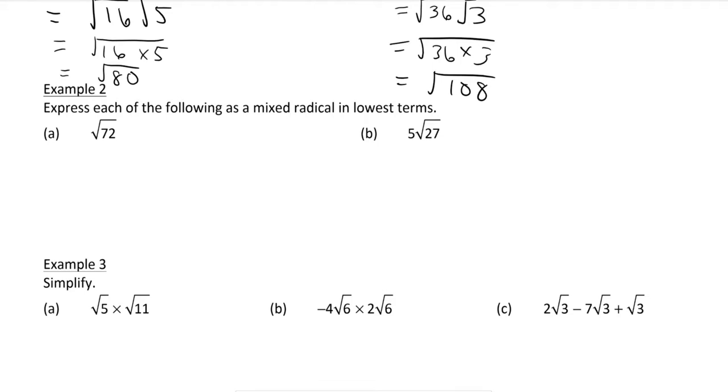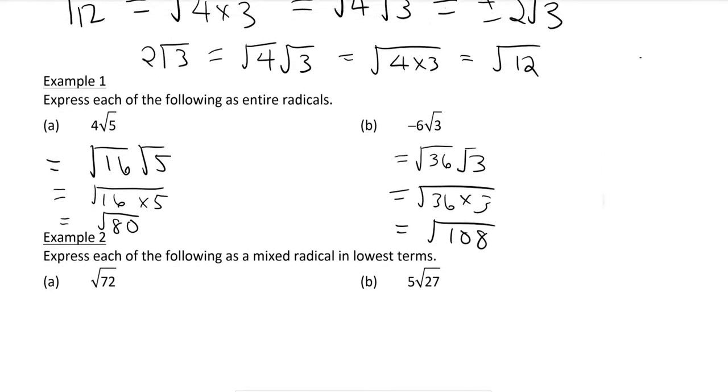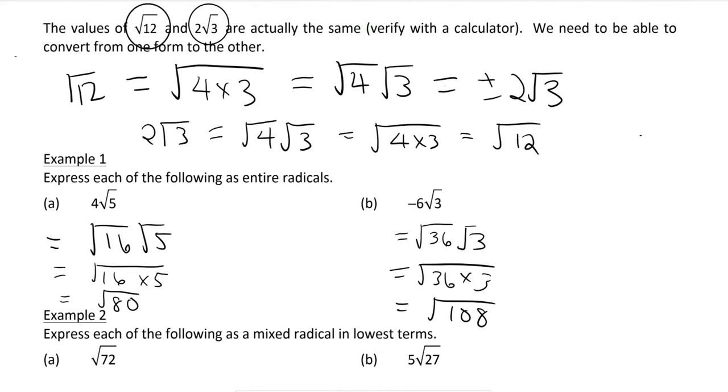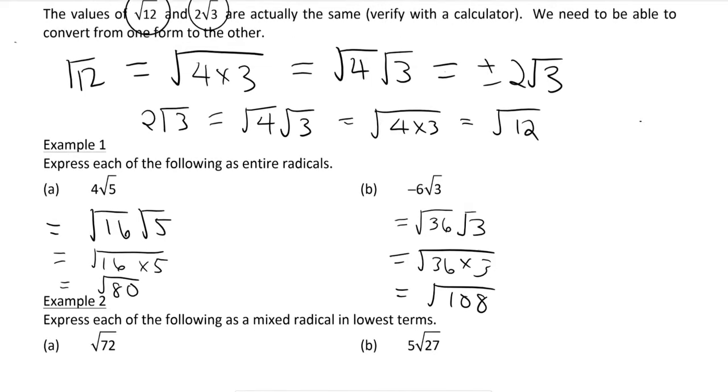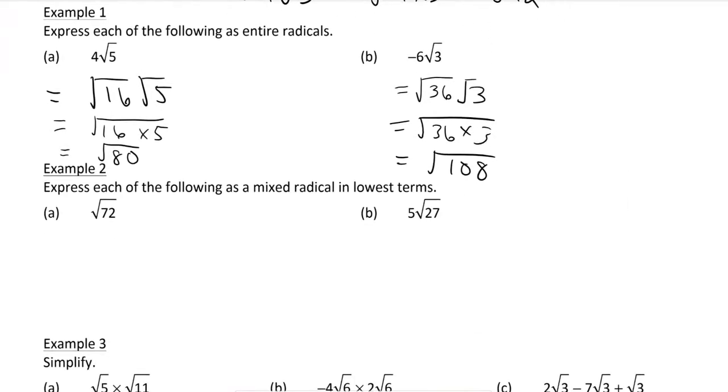Okay, so like what we did before, when we converted the square root of 12 into plus or minus 2 times root 3, well, we had to identify a value that when we broke it down, at least one of them was a perfect square. Okay, so we're going to do the same thing. So let's think in our heads what perfect square value can be divided nicely into 72.